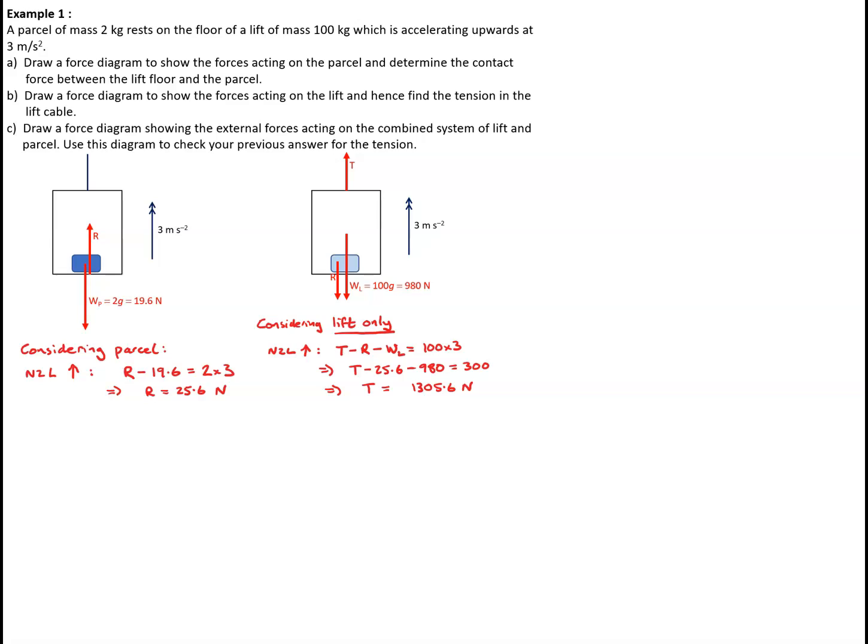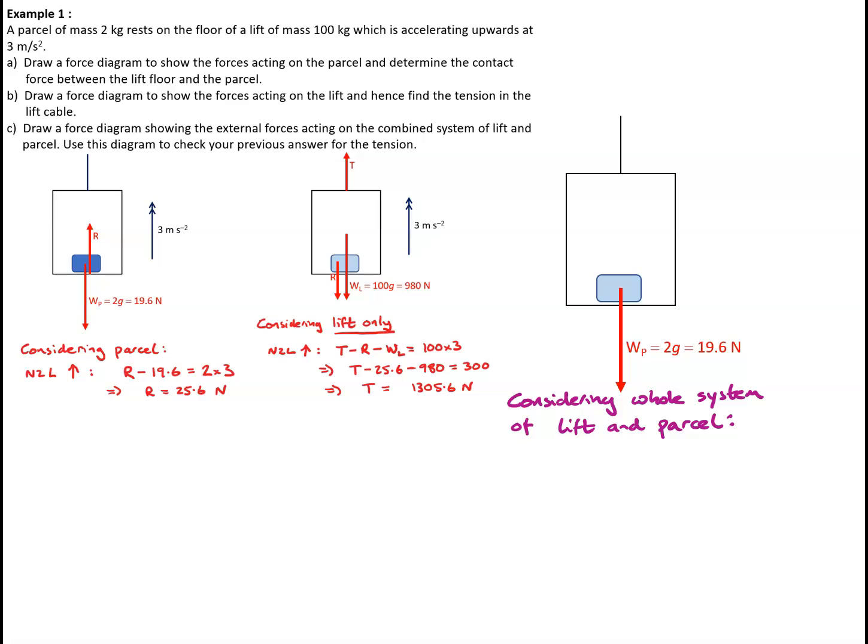So, for the combined system, the forces are the weight of the parcel, the weight of the lift, and the tension in the cable.